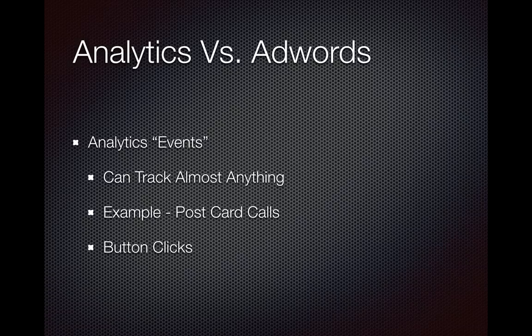Or if that's something that you want to test and try, or direct mail of any kind, just make sure you put in a CallFire number or something similar, and then separate URLs or PURLs or something like that that you can track to that campaign inside of Google Analytics.